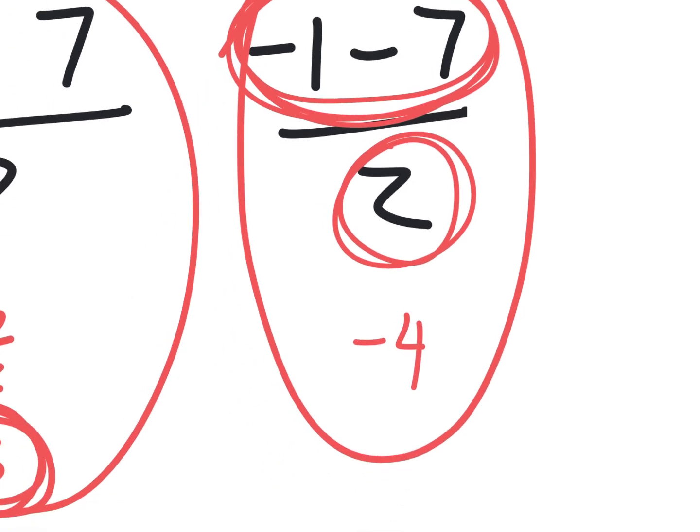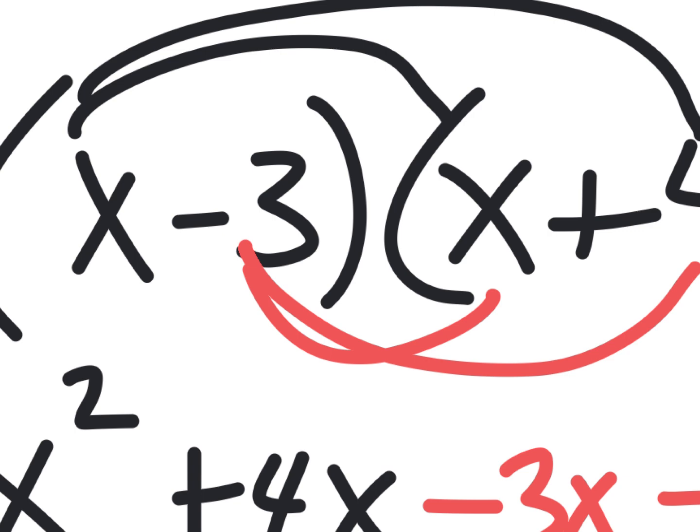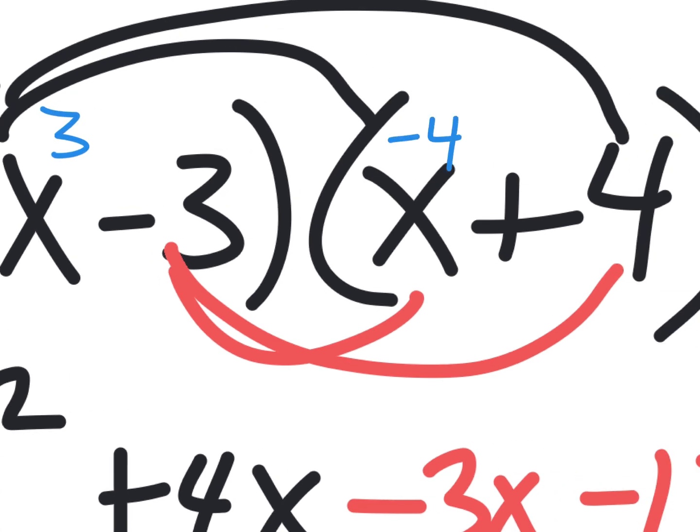Those are my 2 solutions. 3 and -4. Now, how could I have known way earlier that the answers were going to be 3 and -4? Because factoring form gives you the answers so much easier. That's why I say if you can factor it, you should.